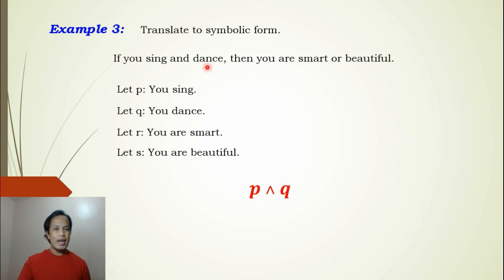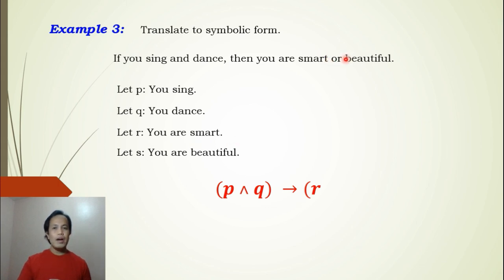You sing and dance. Then, since we have an if-then statement, the symbol used here is an arrow. Then we group these symbols. Then we proceed to the consequent. We have here the R, which represents the statement you are smart.